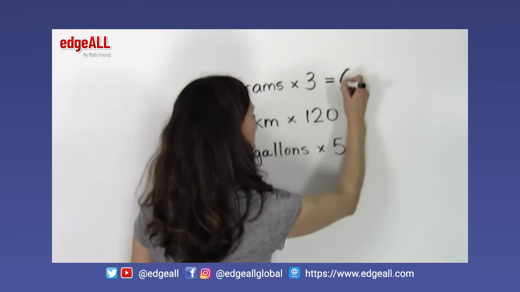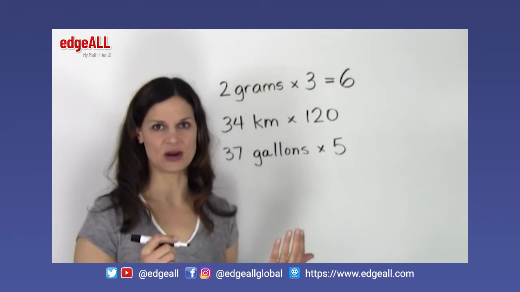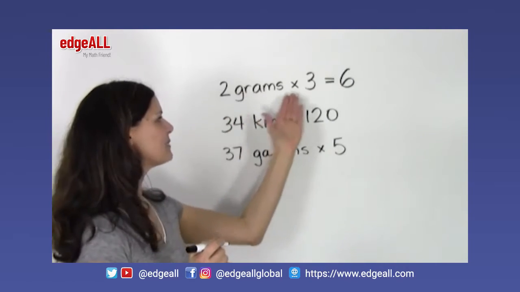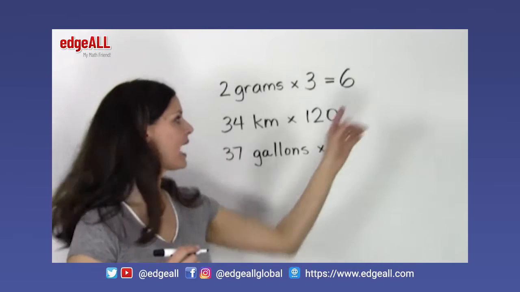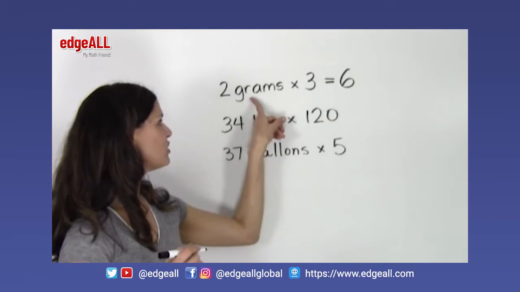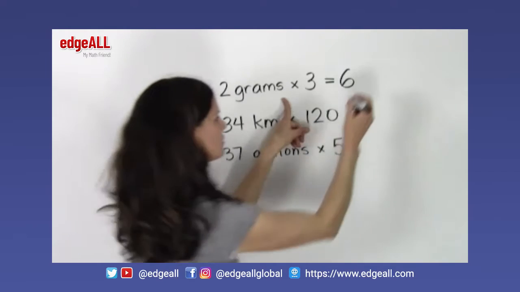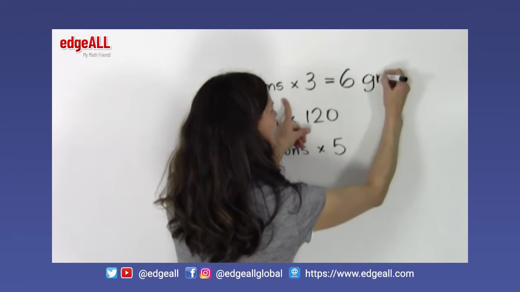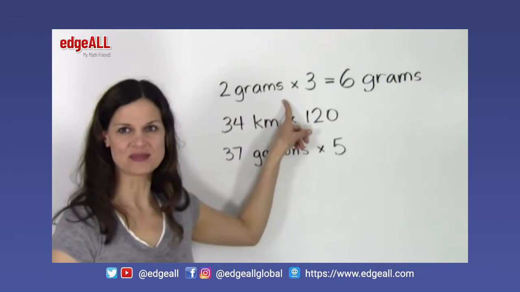So I'm going to place my 6 here, but I can't just leave my answer as a number. I can't say 2 grams times 3 equals 6. I need to label my answer with the units that I have here in my measurement. So I must report the answer as 6 grams.